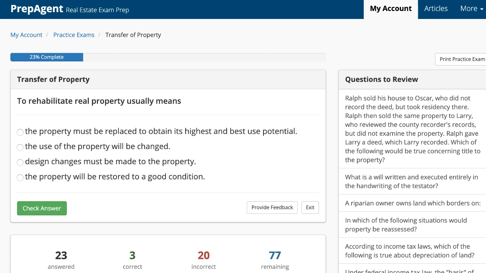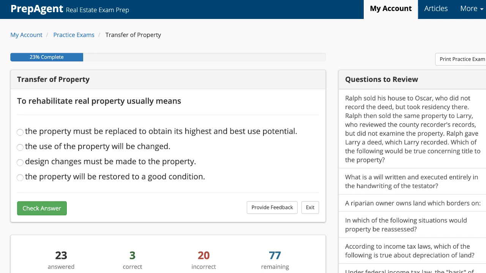To rehabilitate real property usually means A, the property must be replaced to obtain its highest and best use potential. B, the use of the property will be changed. C, design changes must be made to the property. Or D, the property will be restored to a good condition. And I'll read it again.